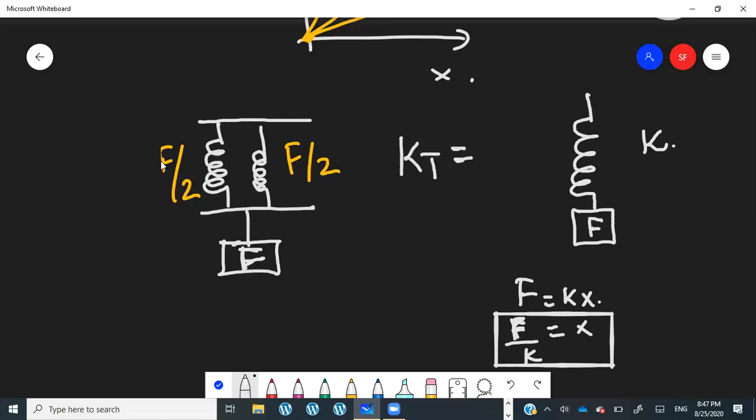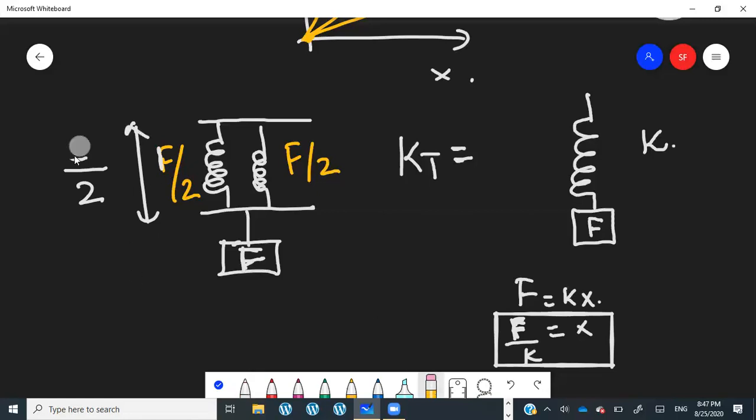Now, if I were to calculate the spring constants, basically the forces have halved. The force experienced by each of these springs has reduced to half of its original value. That actually means that the extension has also become half, and both of them are experiencing the same extension.